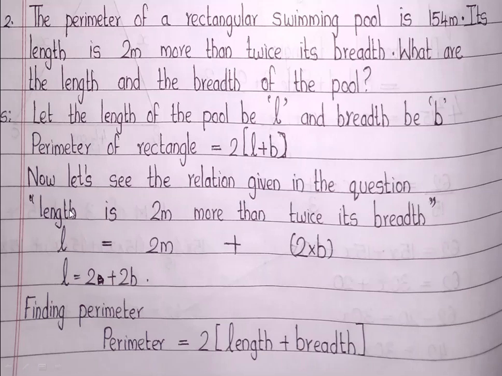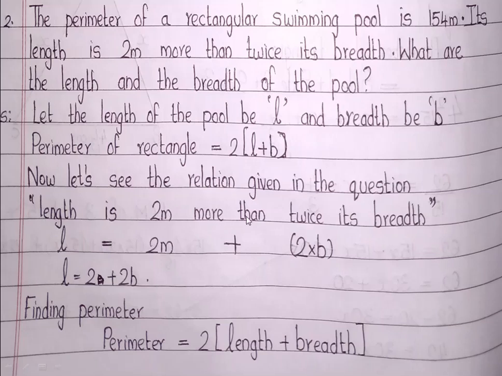We have taken length as L and breadth as B. Length L is converted into an equal to sign. 2 meter more than. What is more than? It is addition. Twice. What is twice? It is 2 into its breadth. Breadth we have taken as B.